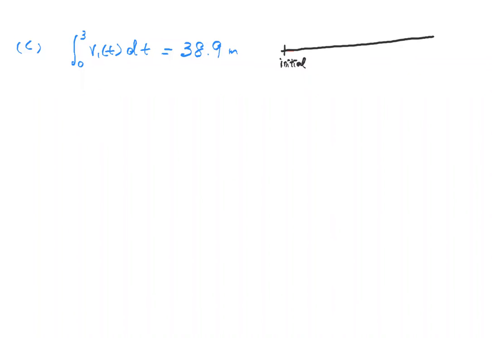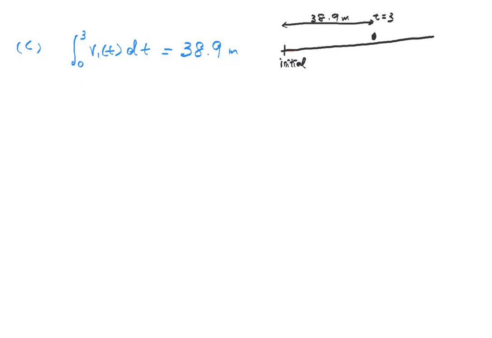After 3 seconds, the lion is somewhere here. From here to here is 38.9 meters. So the lion is here at t equal to 3, on the straight line.